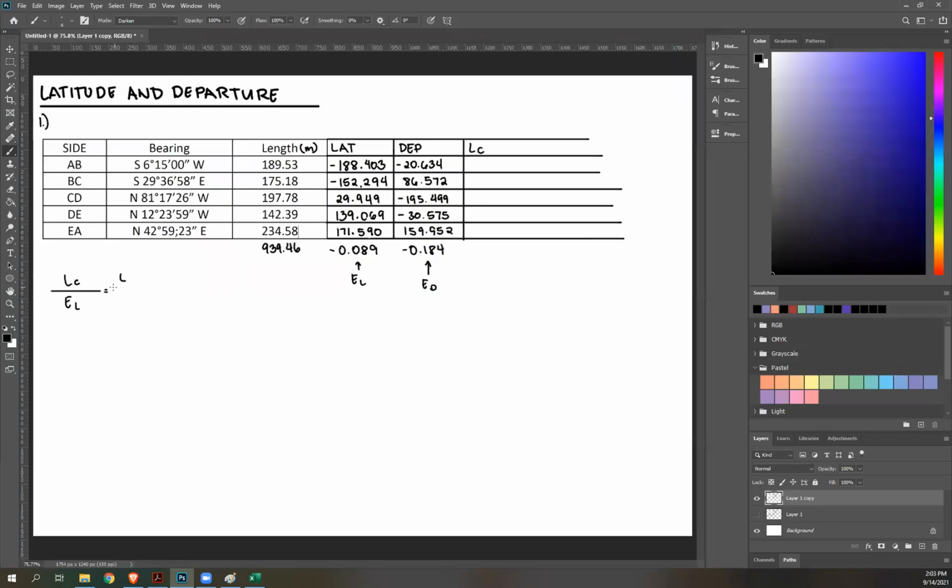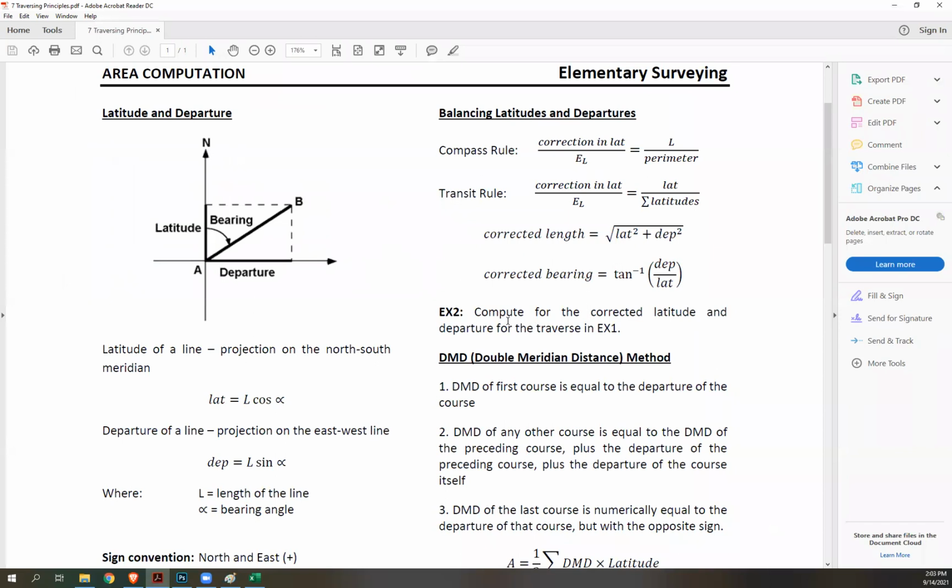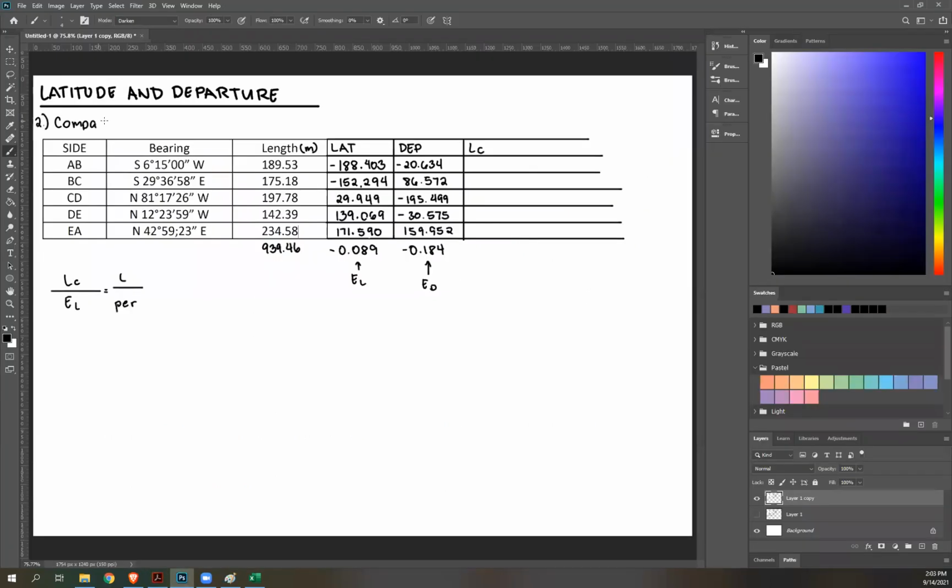L over perimeter. So for this example, I'm gonna use compass rule. Since there wasn't any given on what method I should use, there's nothing, so I can just choose. I'm gonna use compass rule. Perimeter. Okay?